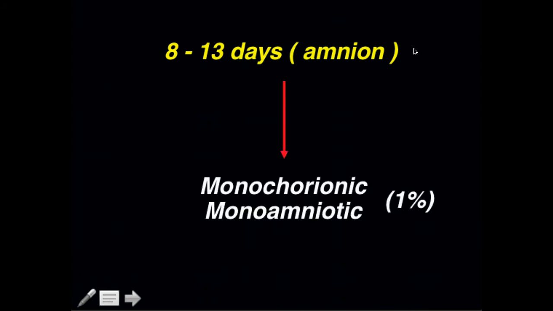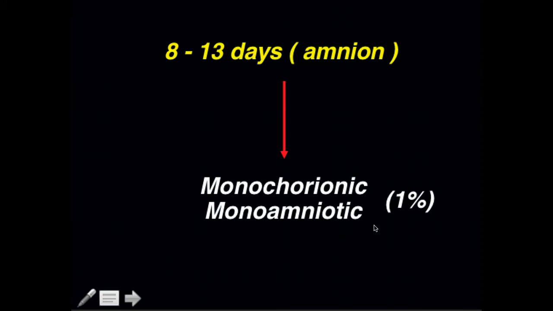In the rare circumstance where the division comes even later, between the 8th and the 13th day, the amnion has already formed. Therefore, these fetuses must share not only a placenta, but an amniotic cavity as well.